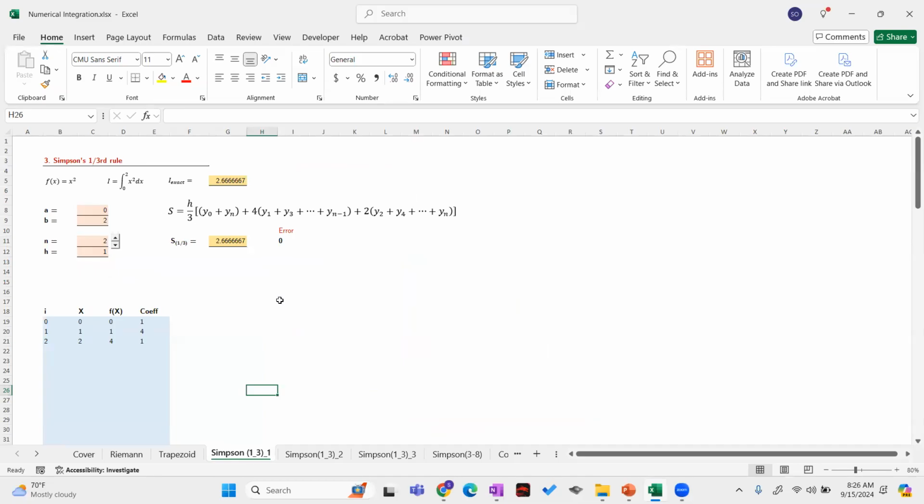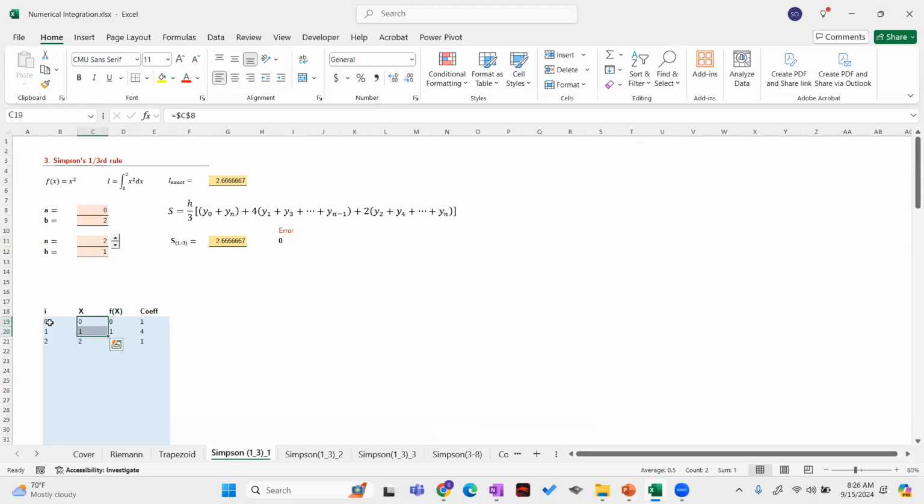Simpson's one-third rule, same integral x squared dx. This is the exact value. This is our formula: h by 3 times first height plus last height. They receive a weight of 1. All the odd places receive a weight of 4. All the even places receive a weight of 2. So the basic scheme is very simple.